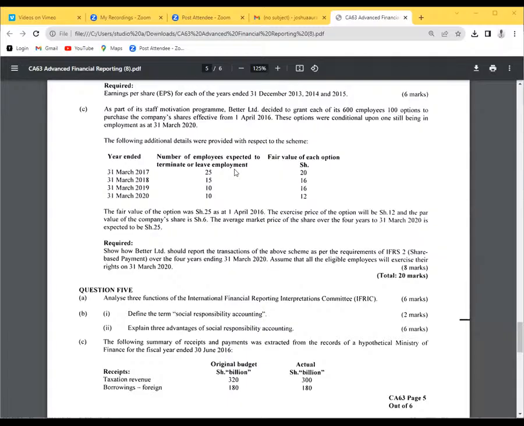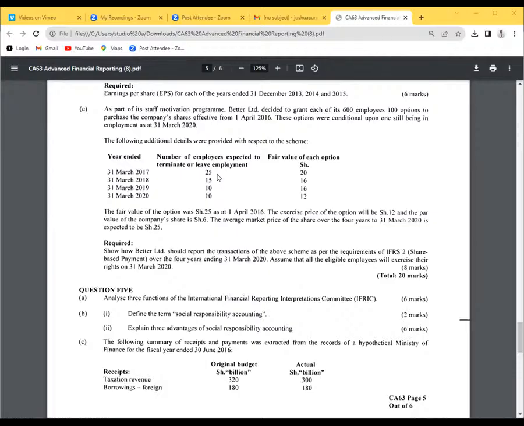This is a very easy narration without percentages. The first year we expect 25 to leave, so simply take 600 minus 25. They have simply given you the actuals. Yours is to deduct and deduct to the end.